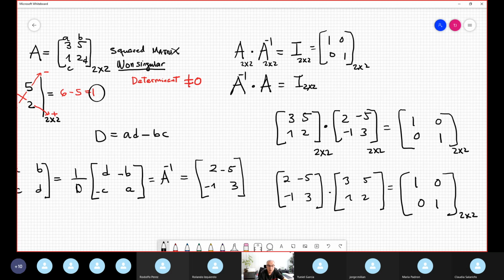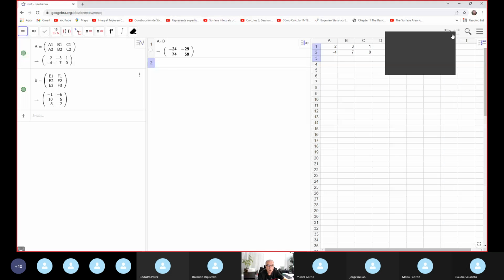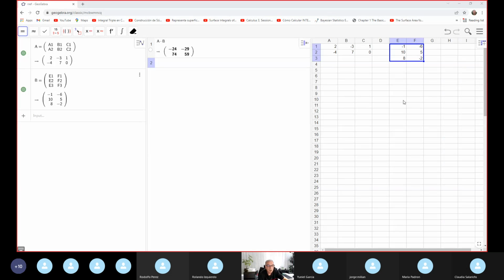Okay. Do you see now, GeoGebra? Let me edit the original matrix: 3, tab, 5, enter, 1, 2.